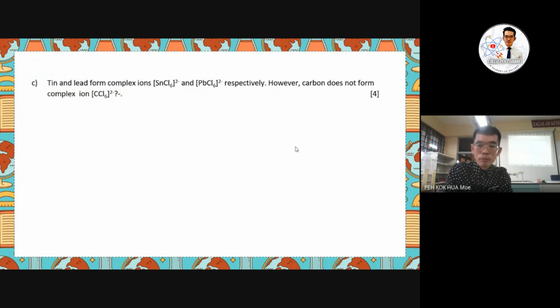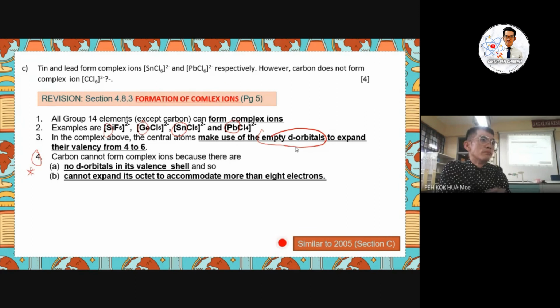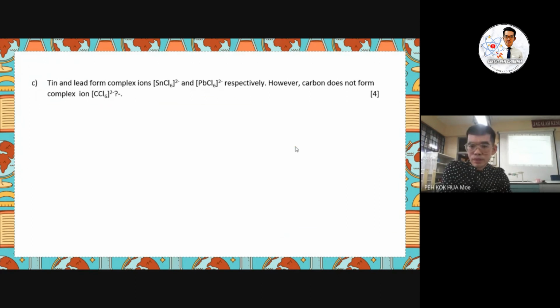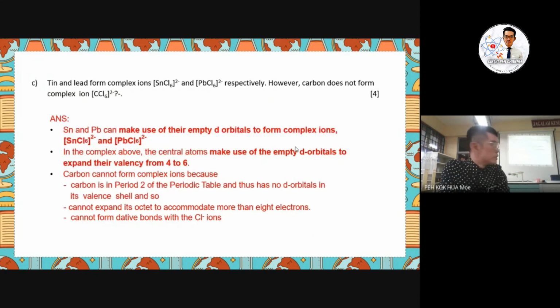The reference answer is 4 marks here. The marks given may be different, right? So what is the mark given for the scheme? The first: tin and lead can make use of their empty d orbitals to form complex ions.